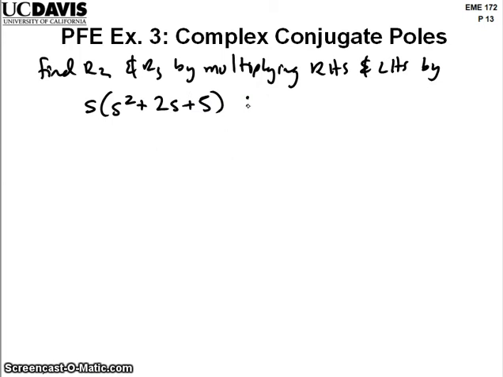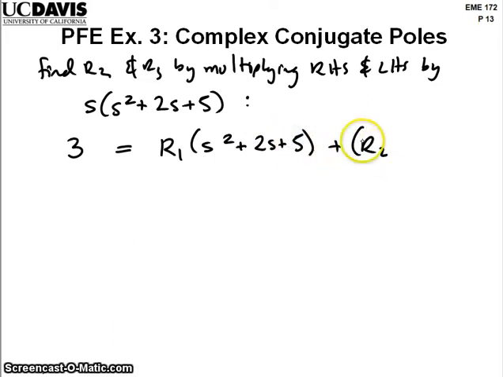What I get when I do that is 3 on the left-hand side, because there's no denominator there, equal to R1 times s squared plus 2s plus 5, plus R2 s, plus R3 times s. Okay?